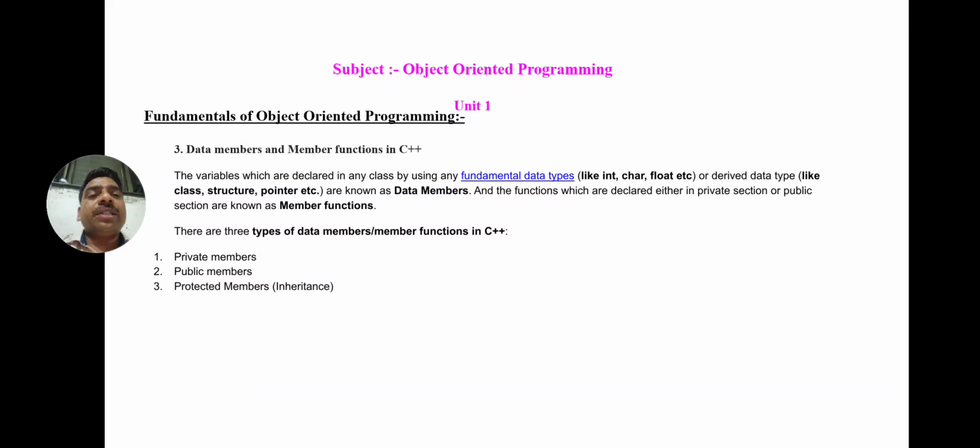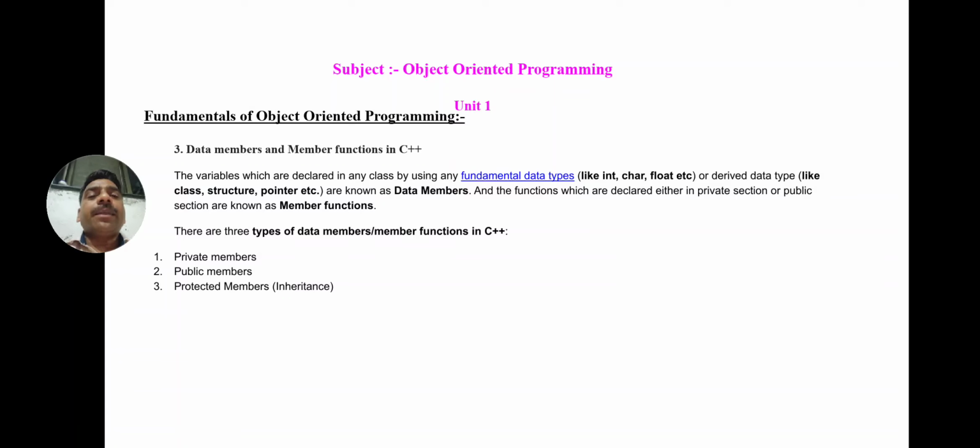In simple language, whatever variables you are declaring inside the class are the data members. And the functions which are declared either in the private section or public section are known as member functions. In simple language, whatever functions you are declaring are member functions, and they show the properties of that particular object.